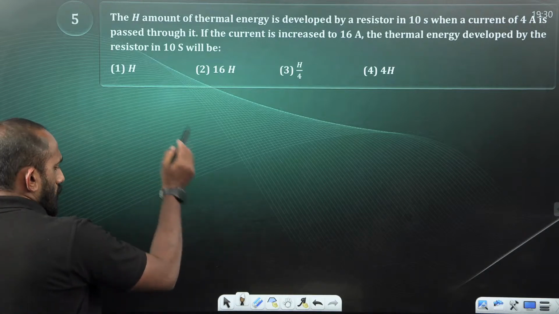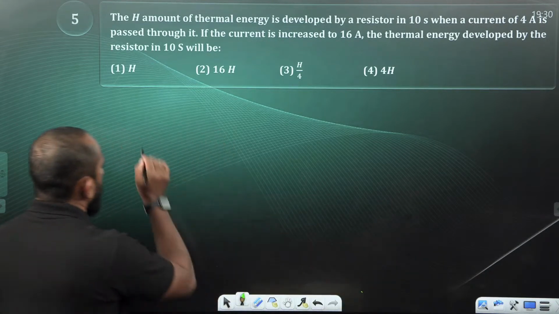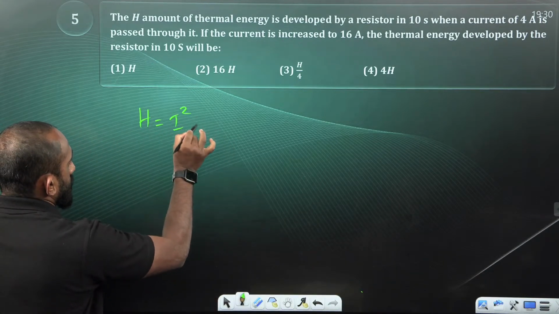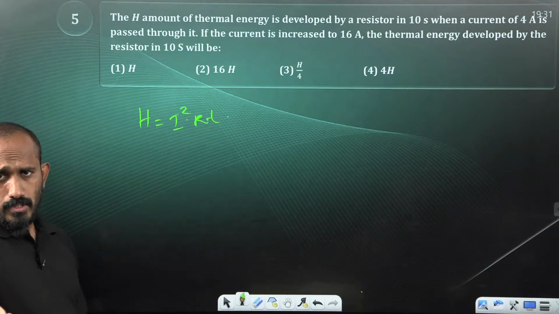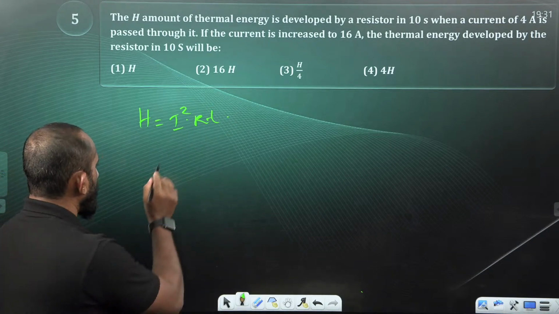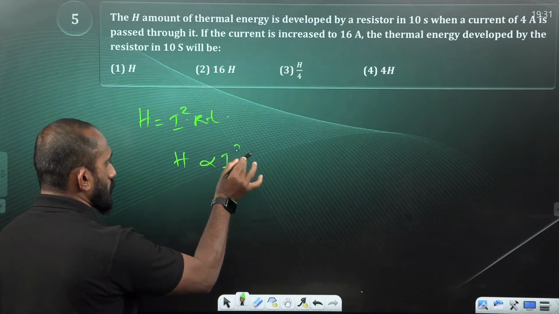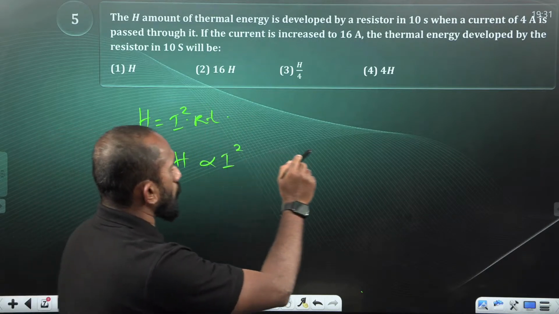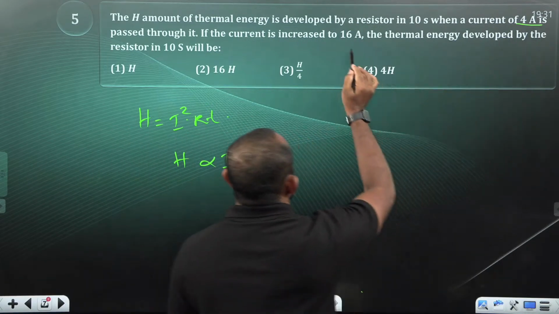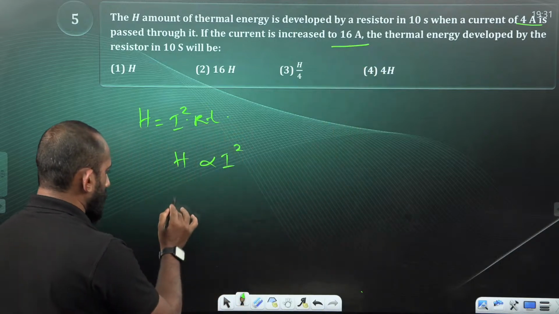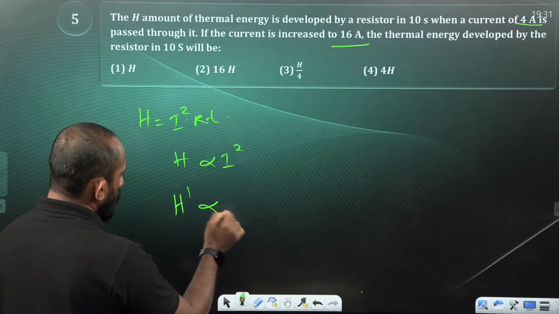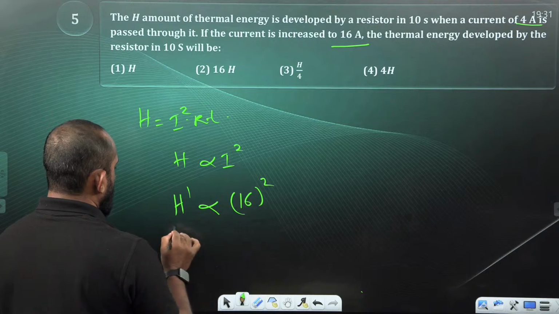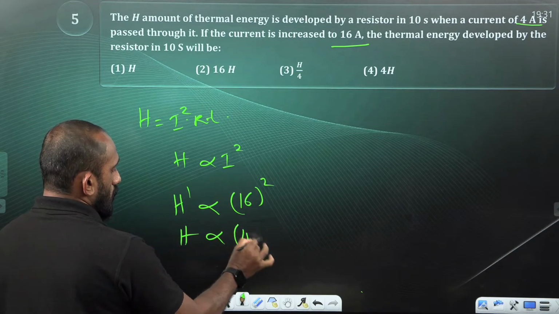You know the equation for thermal energy, H is equal to I square RT, Joule's law of heating. So here we can say H is proportional to I square. In the first case it is 4 ampere, then it becomes 16 ampere. So H dash is proportional to 16 square and H is proportional to 4 square.